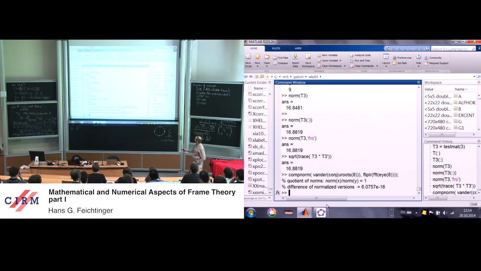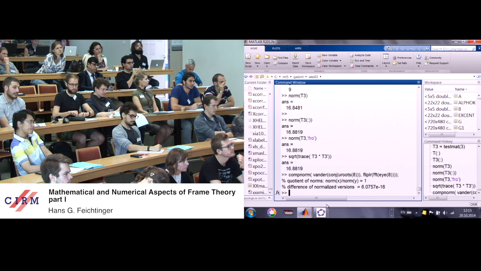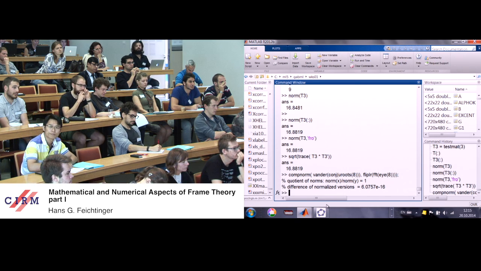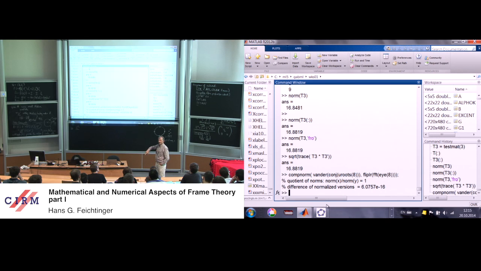So FFT of I of 8 is in principle the 8 by 8 matrix that you can apply to a column vector, and you will get the FFT of that vector. There's a flip left-right, which has to do with the fact that in this matrix we have seen that the constant 1 is coming in the first position, but on the other hand, the polyval routine is so that the last order is at the end.